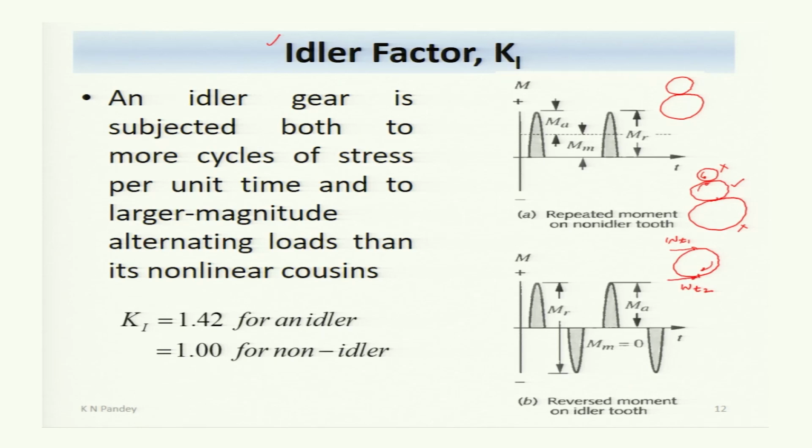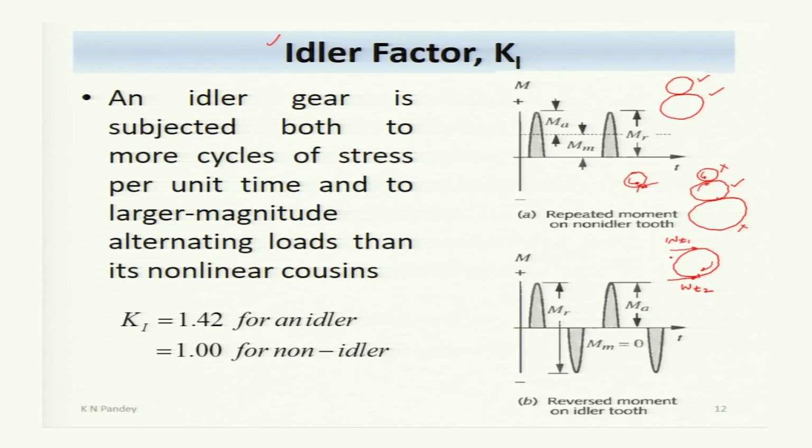Well, so both ways the transmitted loads are acting, but in the case of pinion and gear, when there is no idler, on this pinion only on this side the transmitted load is acting, and there is no other load, but here two-way load is acting.